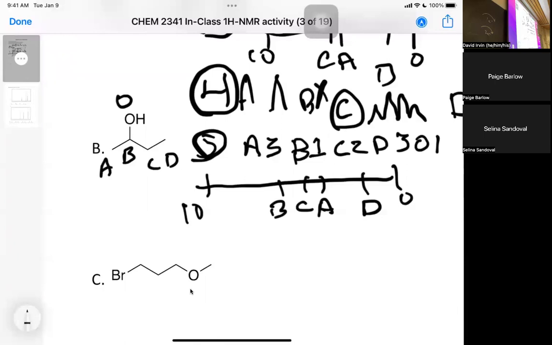We're not really sure where the hydrogen on that oxygen is because it's a broad range, so we're just going to say it could be anywhere in this range. Now we have to do the hard part, the splitting.